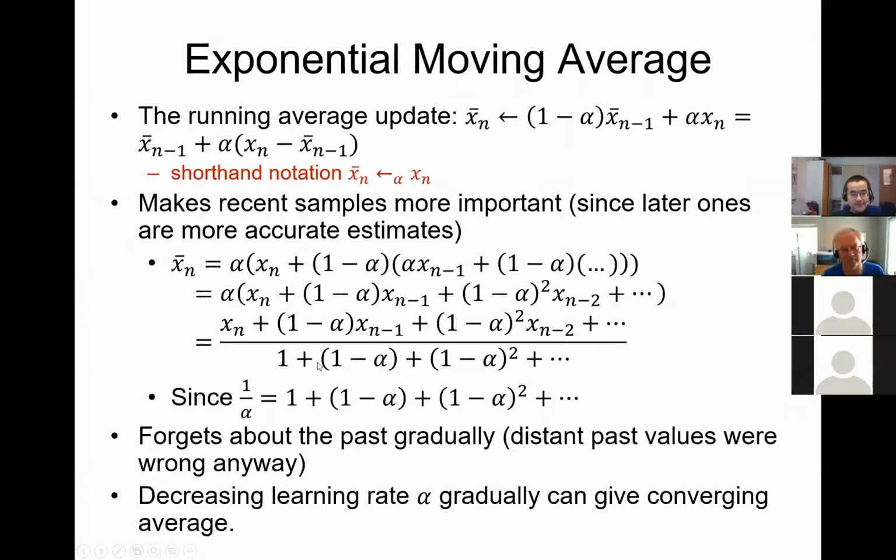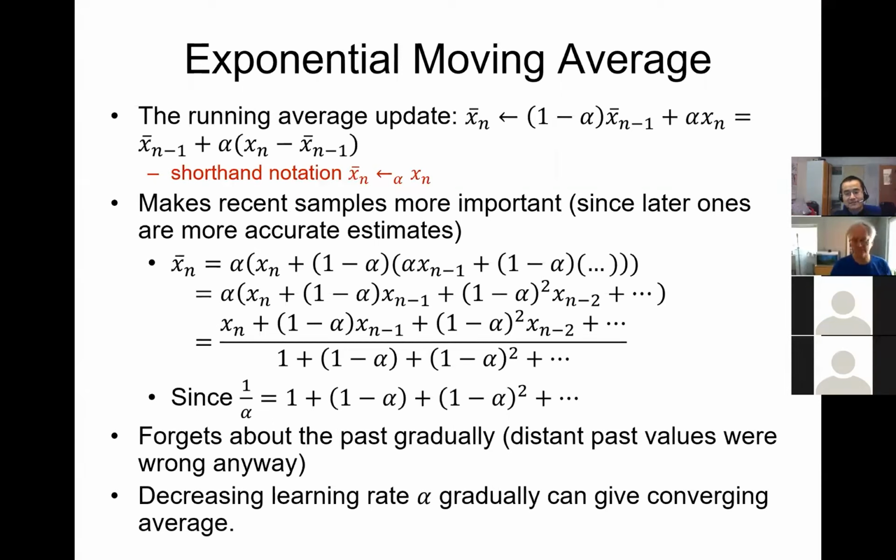So if you rewrite this moving average in this form, it clearly shows that it weights the more recent samples more. The most recent sample has weight 1, the next most recent has weight 1 minus alpha, the previous one has weight (1 minus alpha) squared. So it gradually forgets the past.